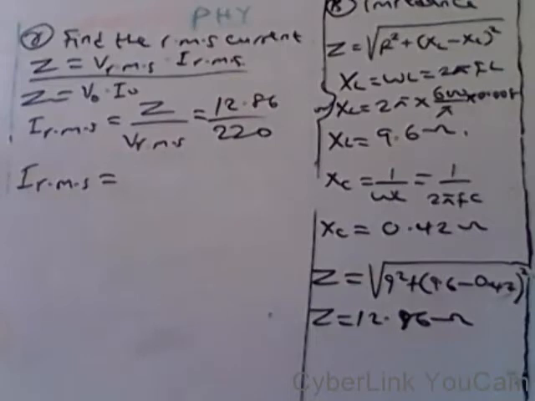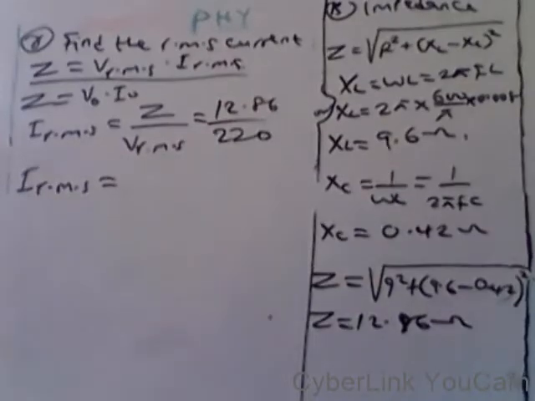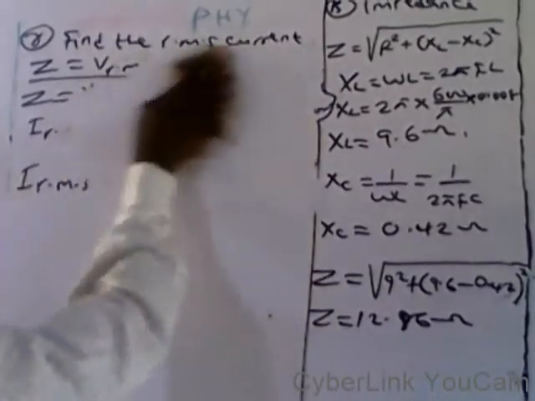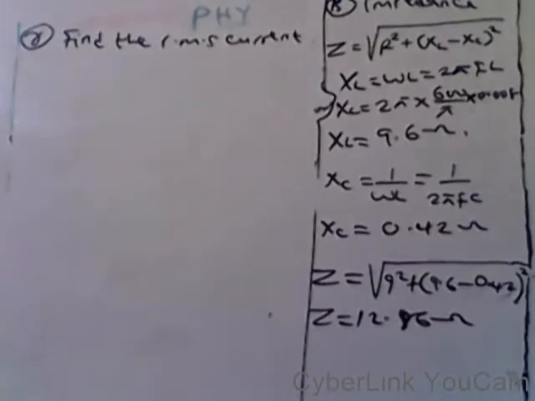Sorry, please. From Ohm's law, V equals IR. Don't forget that.